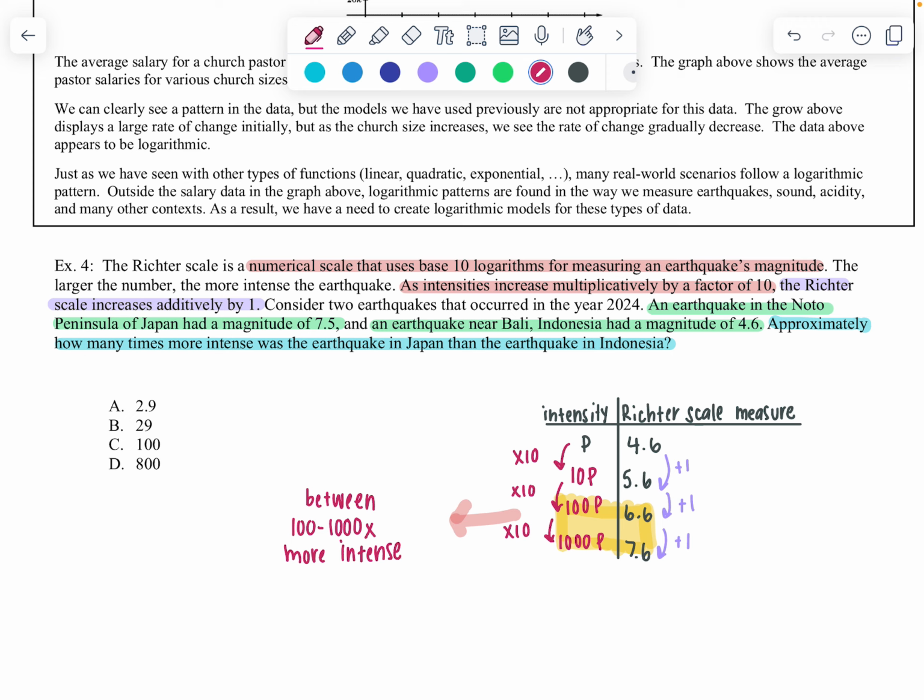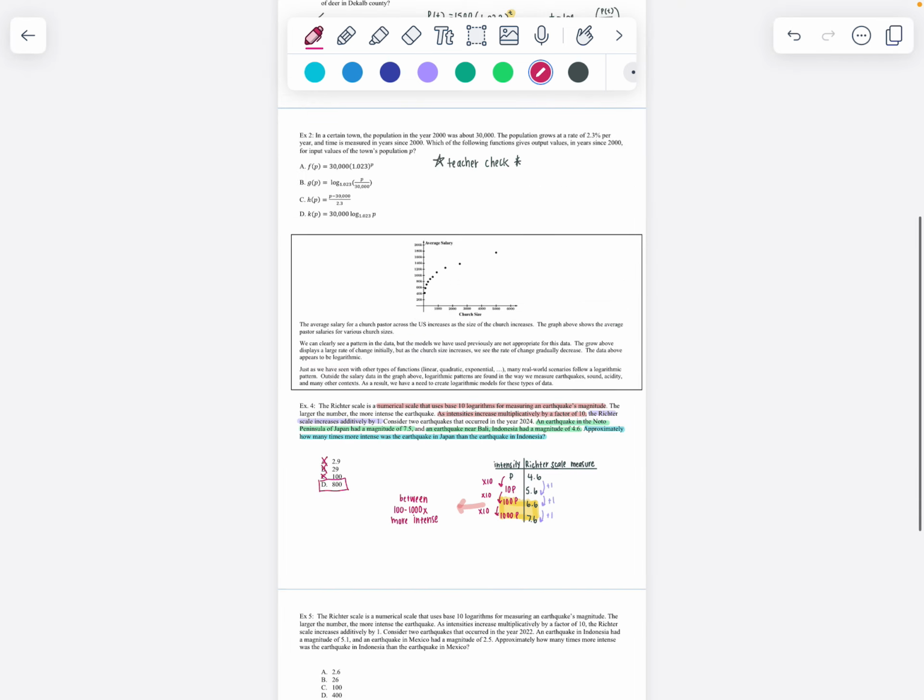So let's go ahead and look at our options. Well, clearly A and B are out of the question. It's not going to be 100 times more intense because 7.5 is closer to 7.6, meaning it will have to lean closer to 1,000. Since 800 is closer to 1,000, that would be our solution.